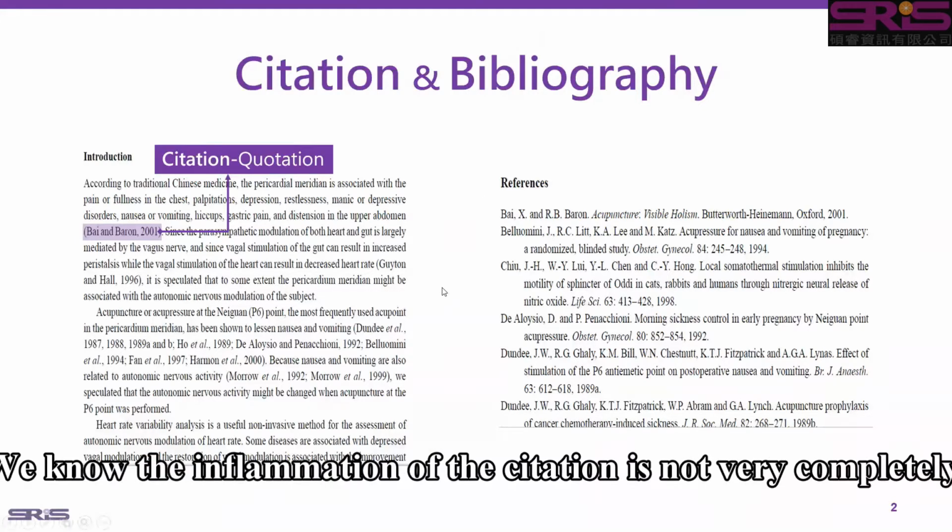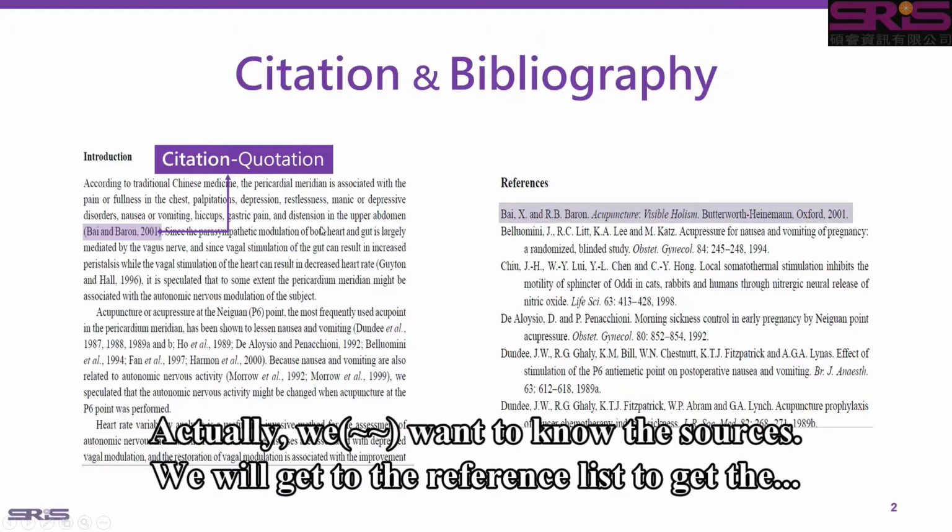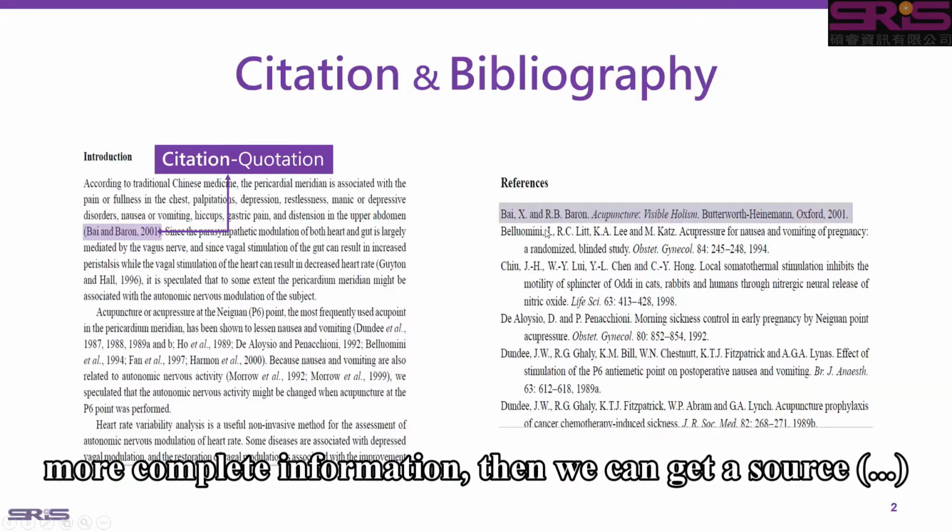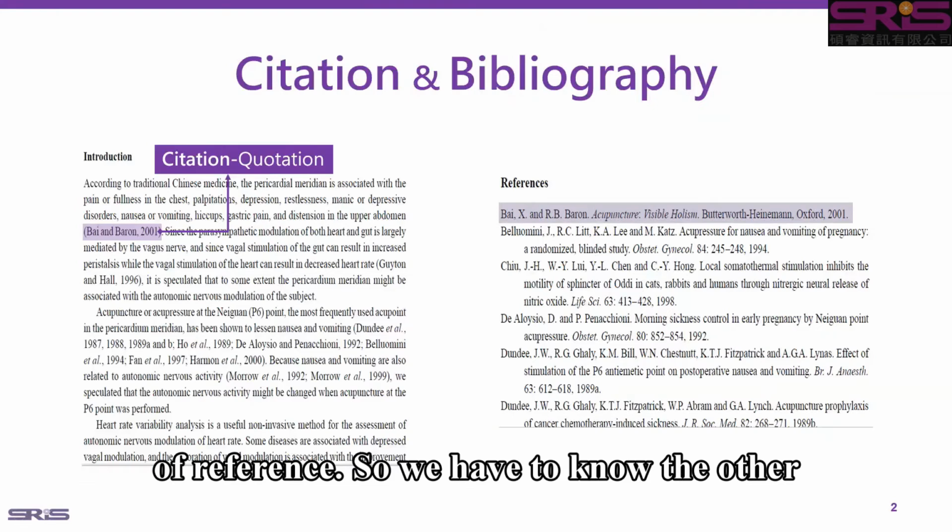So we know the information of the citation is not very complete. If we want to know the sources, we go to the reference list to get more complete information. Then we can get the source reference.